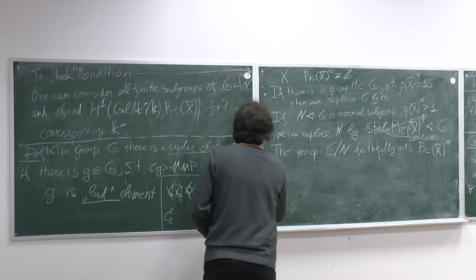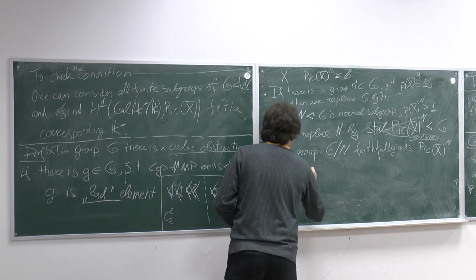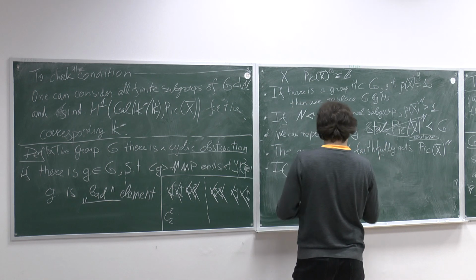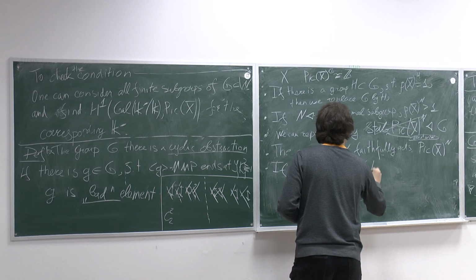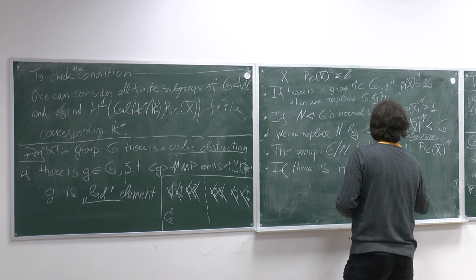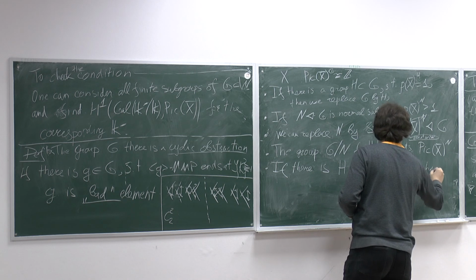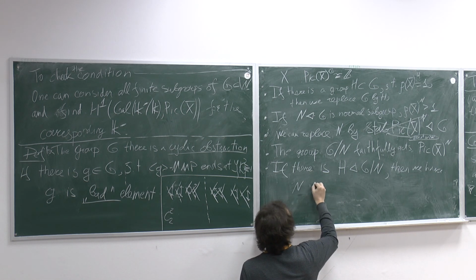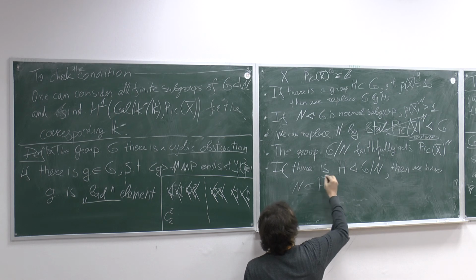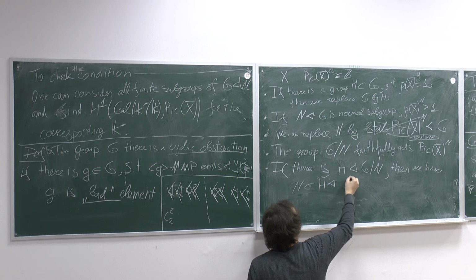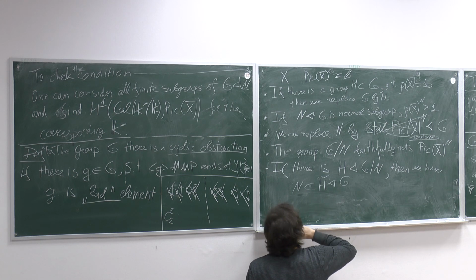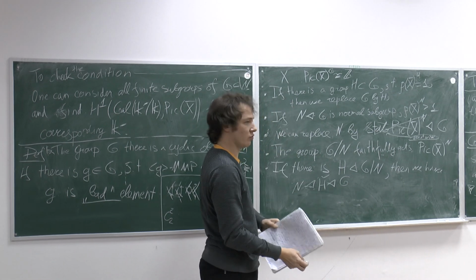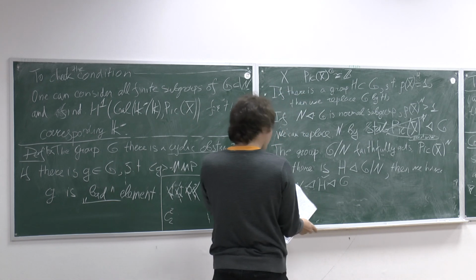Now, the next step: if there is an intermediate subgroup H normal in G by N, then we have the following sequence: N, then H tilde, and H tilde is normal in G. Yes, we consider the pre-image under the quotient map.